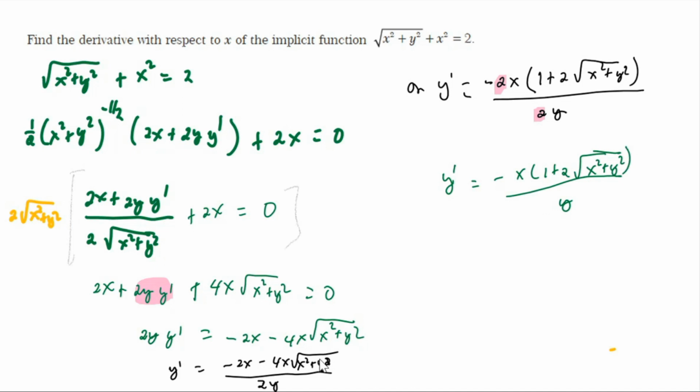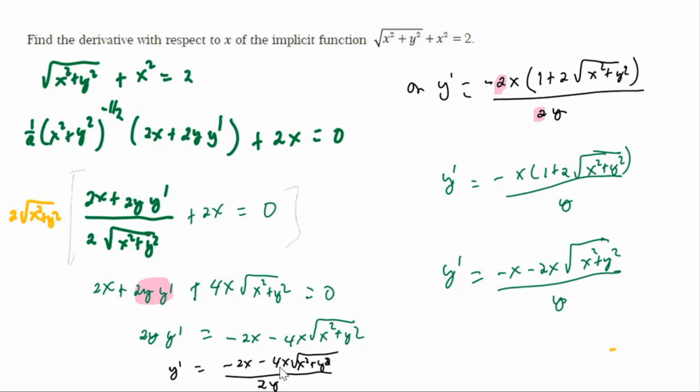Okay, so that will be now our final answer. Or if you like, you can also write your answer as negative 2x times the square root of x squared plus y squared, all over y.